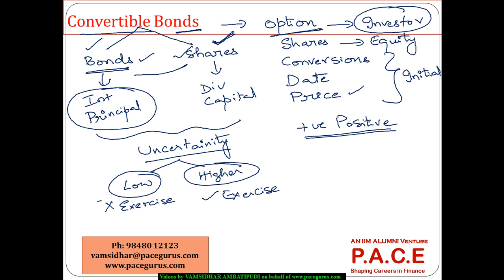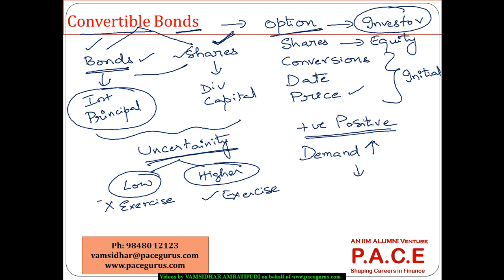So if the uncertainty is much higher, whether the share price is going to go up or down, but it is going to move drastically in future, having an instrument like a convertible bond is much more beneficial, because depending on how it has moved, upward or downward, the appropriate strategy can be taken. So the demand for these kinds of options is going to be much higher if the uncertainty relating to the conversion is much higher.